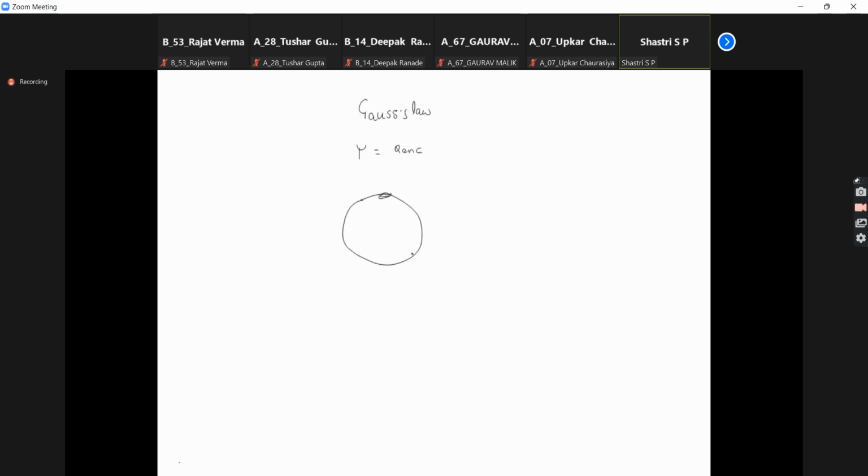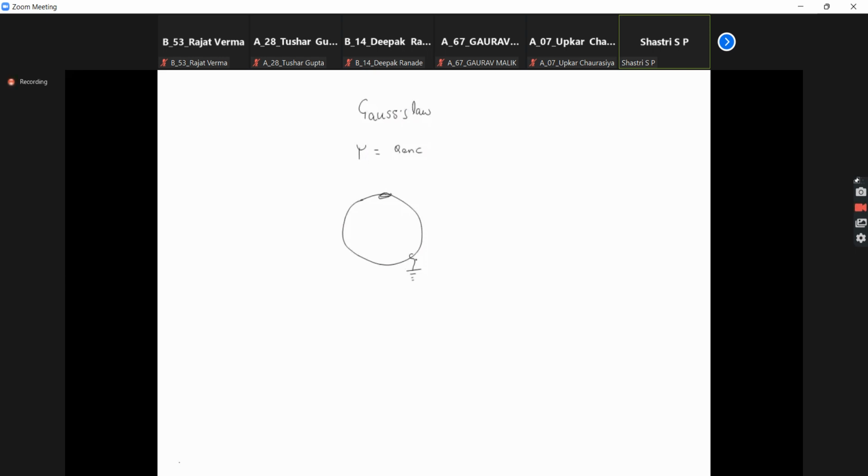So internally it is grounded like this. Grounded means it is ensured that there is no charge inside. So you have to ground it so that if any charge is there because of friction or some other reason, it will be absorbed by the earth.